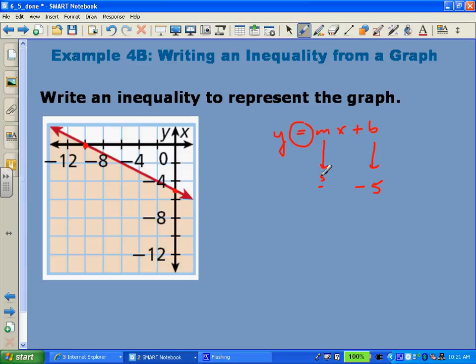And this is counting by 2's here, so it looks like I have to go up 5 and then left 10. Now it's shaded below and it's solid, so that would be less than or equal to. And then if I reduce my slope here, it's going to be -1/2 x minus 5. And that would be my answer there.